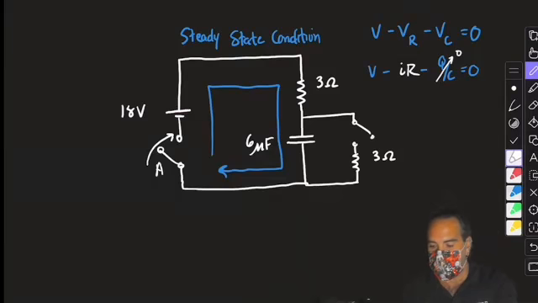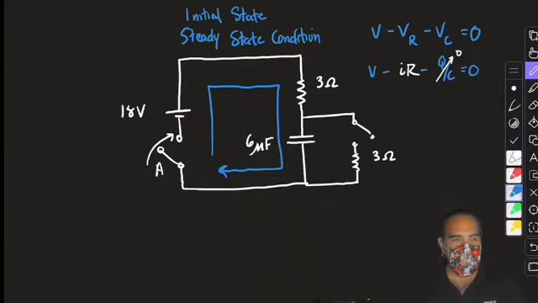That's considered the initial state. So there's the initial state, and then there's the steady state condition. Capacitor circuits transition from an initial state to a steady state condition. The steady state condition is what happens after a long period of time has passed.